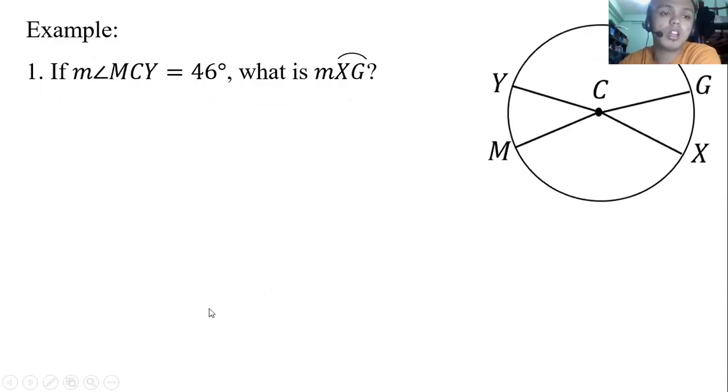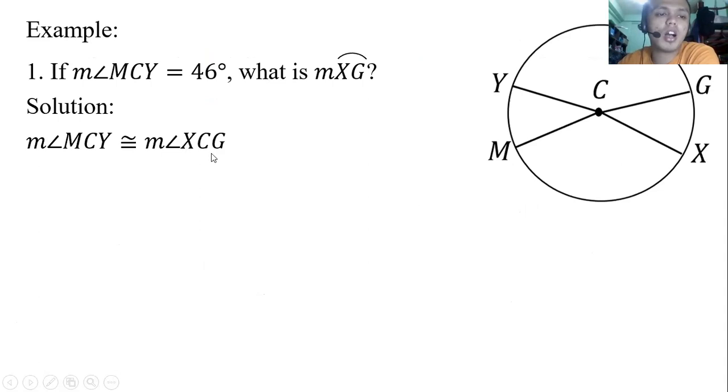Now, here, if measure of angle MCY is equal to 46 degrees, what is arc XG? So, yung MCY natin, 46 degrees. Now, measure of angle MCY is congruent to measure of angle XCG, assuming that these two central angles are congruent.